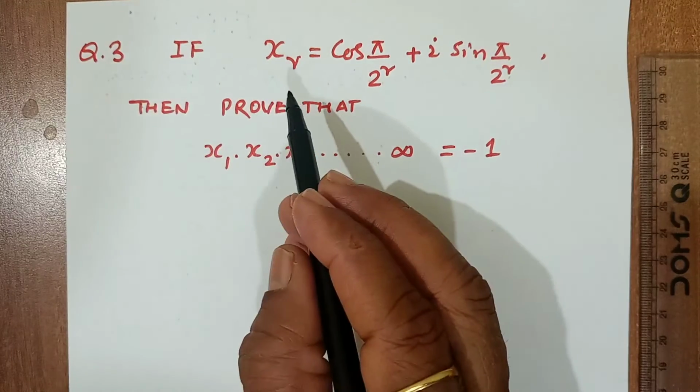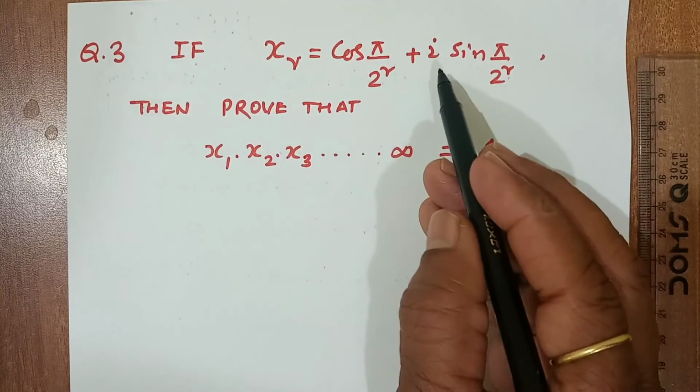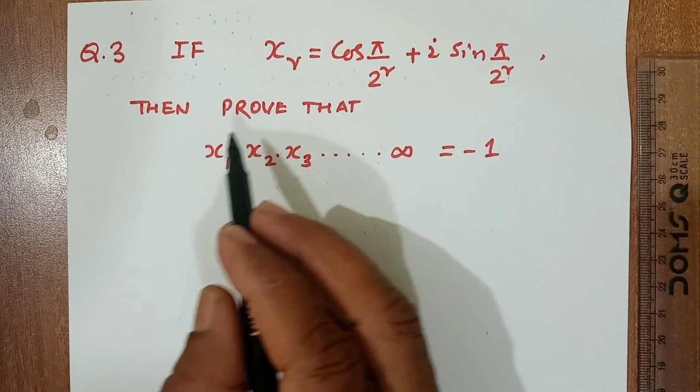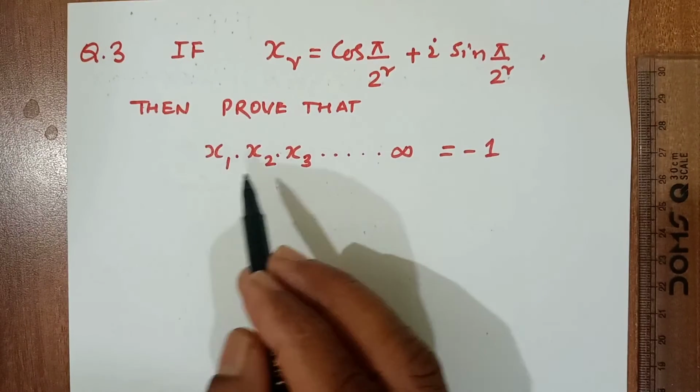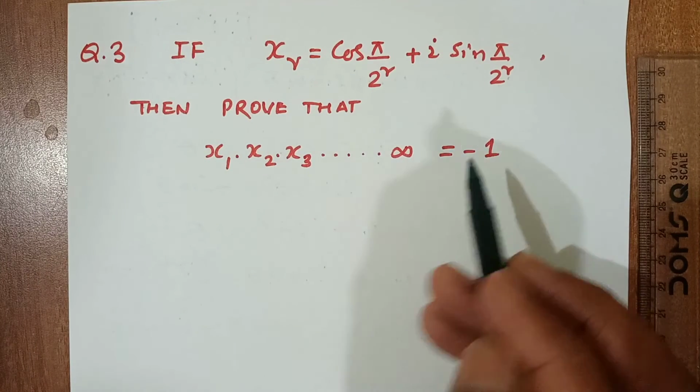If x_r is equal to cos(pi upon 2 to the power r) plus i sin(pi upon 2 to the power r), then prove that x1, x2, x3 up to infinity equals minus 1.